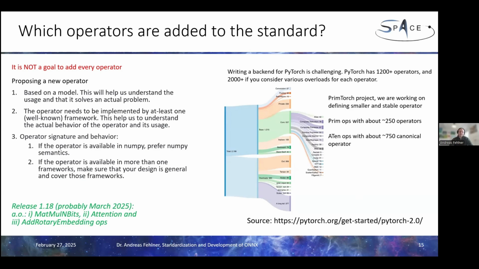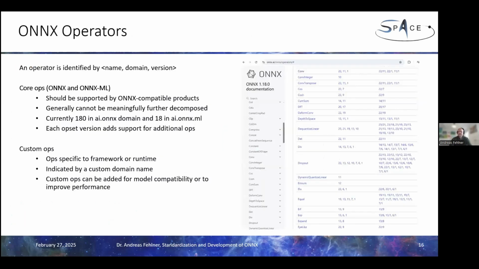And PyTorch also started some way of cleaning up their large number of operators: they defined some primary operators and 18 operators. So it's also an objective of PyTorch to get a standard or minimized set of operators. And I would say PyTorch and ONNX greatly influence each other's development.